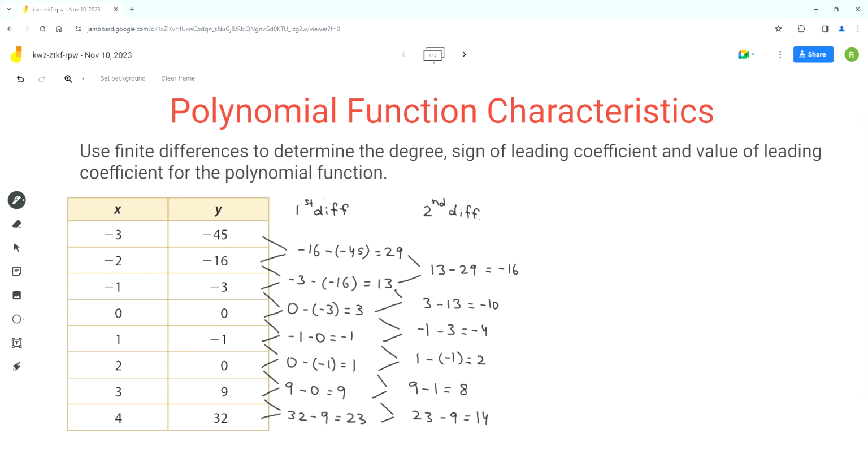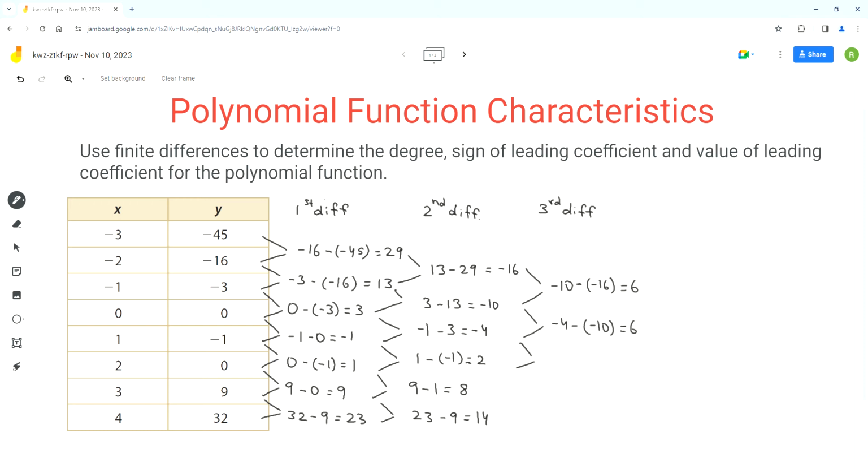So now we'll calculate the third differences. For third differences, we'll use the second difference values. So the first step is, we'll do negative 10 minus negative 16, which is equal to 6. And then we'll do negative 4 minus negative 10, which is also equal to 6.